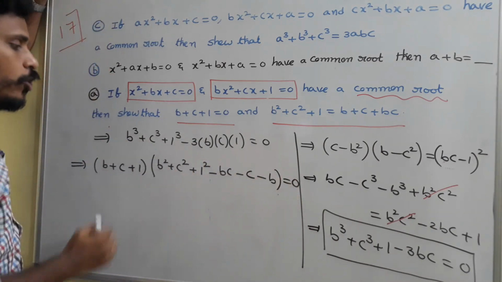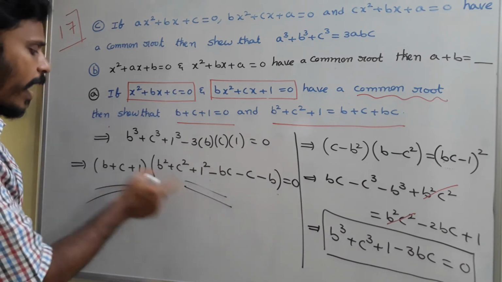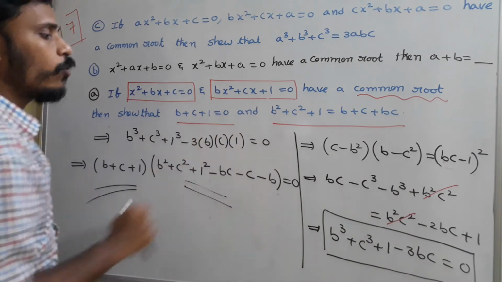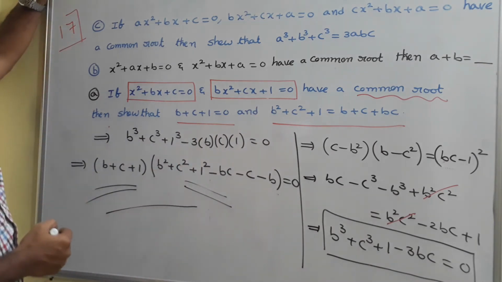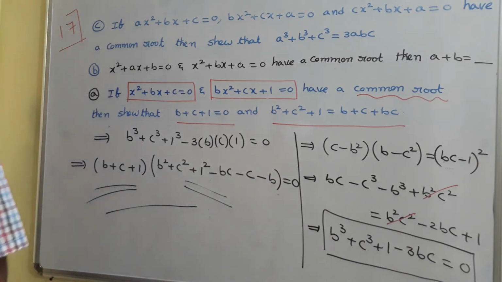So this product is 0, meaning either this is 0 or that is 0. So you have two conditions. Just have a look. This is the way of solving this particular problem related to common roots. Then I will solve 17b.